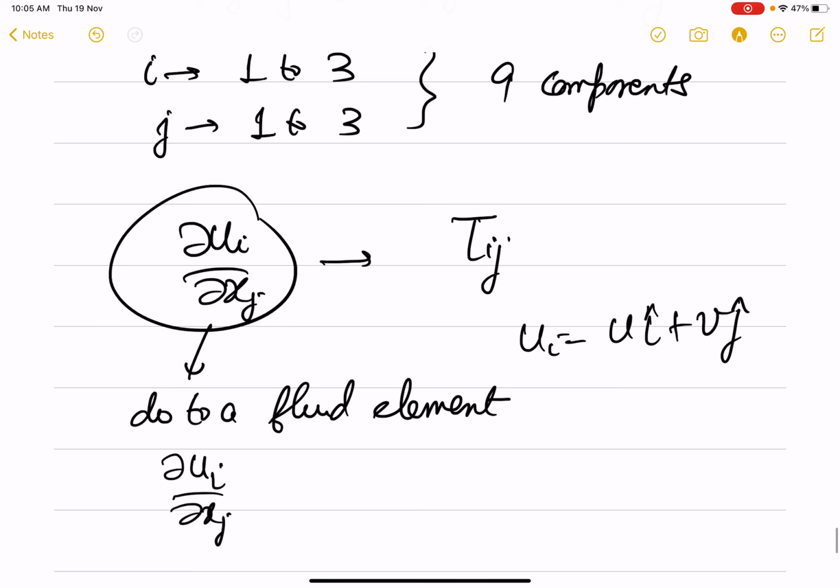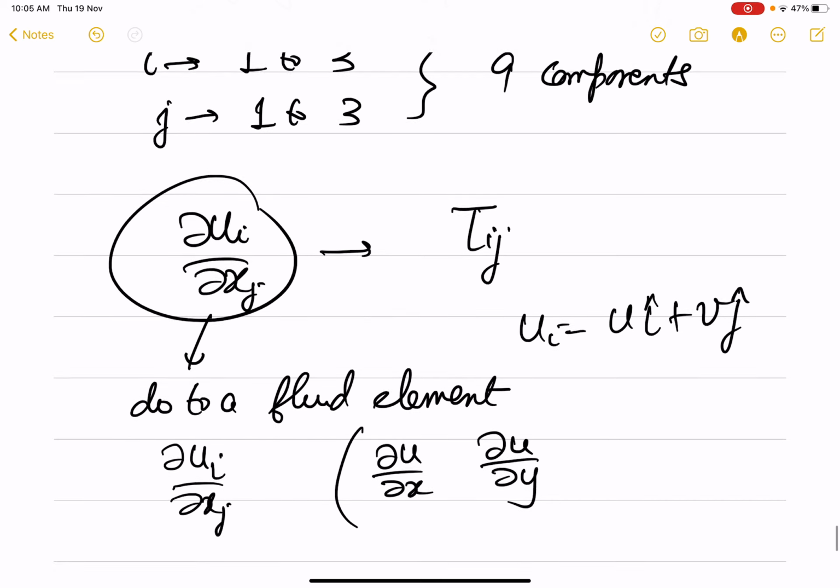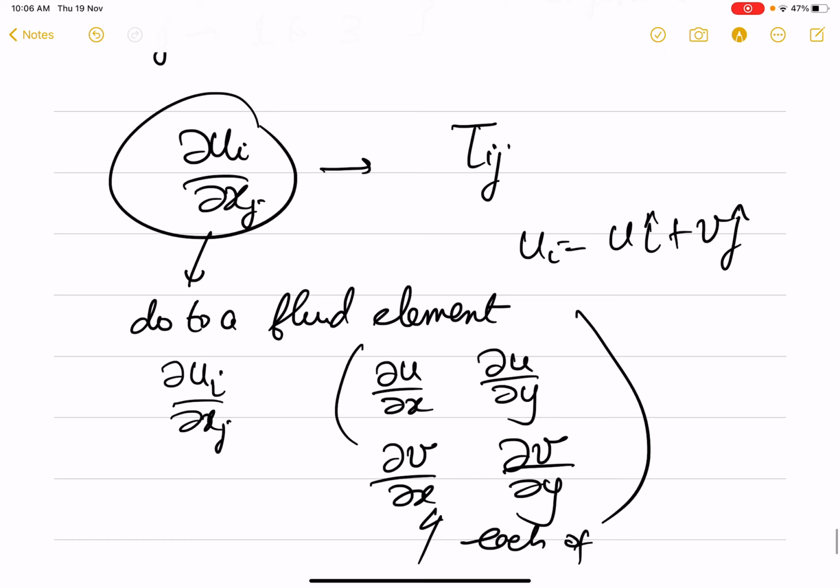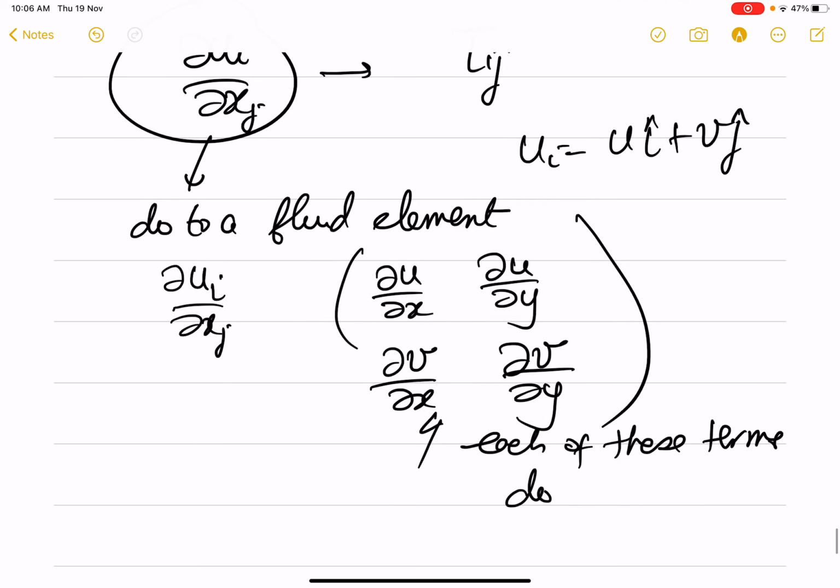In a 2D case, there will be basically a term partial u by partial x, partial u by partial y, partial v by partial x, partial v by partial y. What do each of these terms do to a fluid element? And this is what we will study in the next class. So thank you very much.